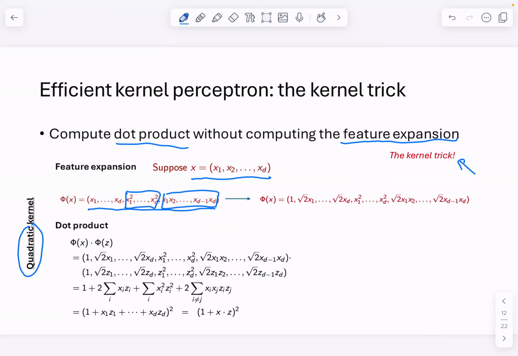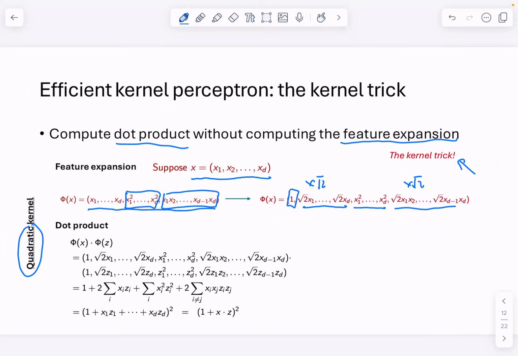But now let's tweak this a little bit. We add a 1 here and also multiply the original features with square root 2, right? This part is unchanged, and this part will also be multiplied by square root 2.